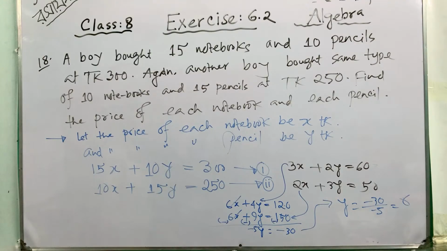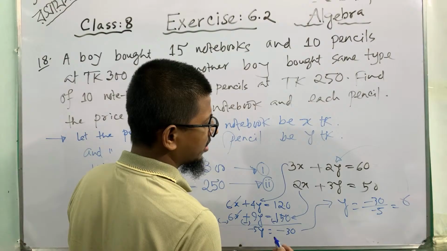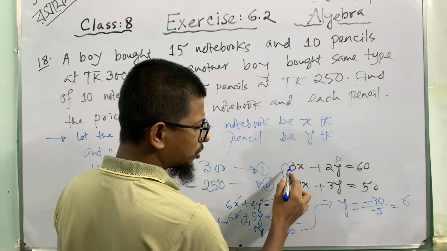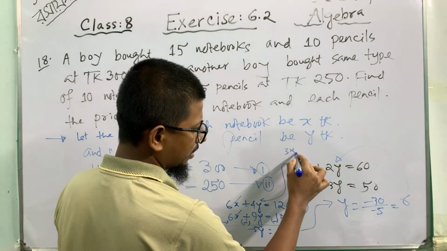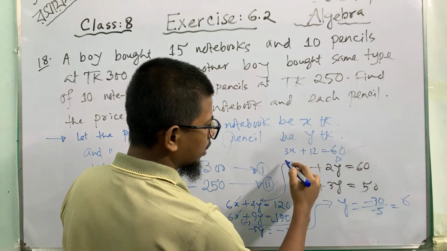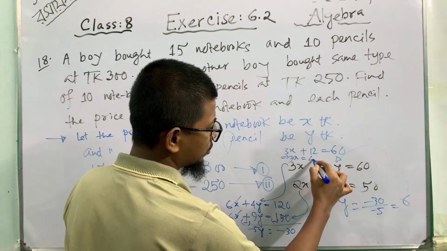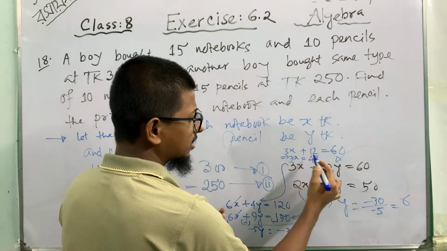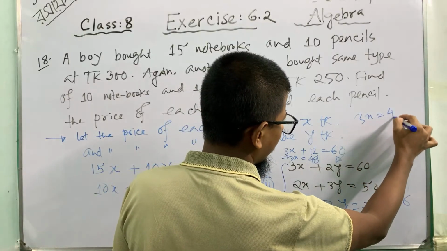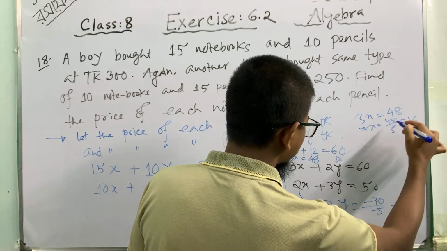Now I can easily find out the x value by plugging it in here. So I have 3x plus 2 times 6, which is 12, equal to 60. So I have 3x equal to 60 minus 12, which is 48. Now 3x equal to 48, my x value becomes 48 by 3, which is basically 16.